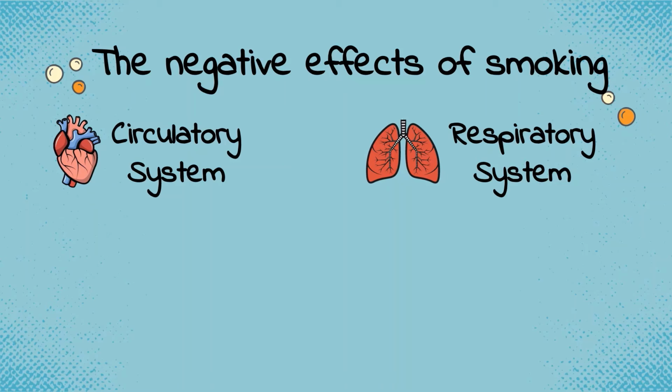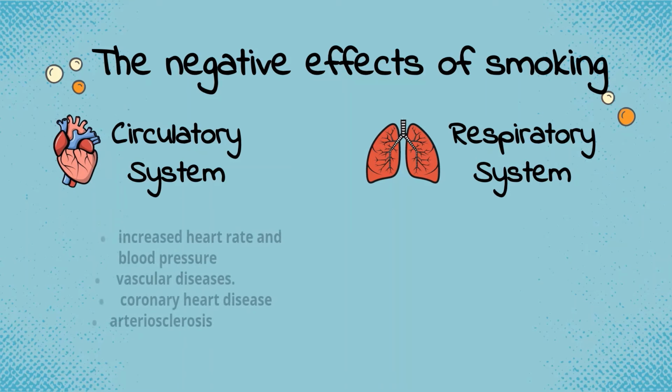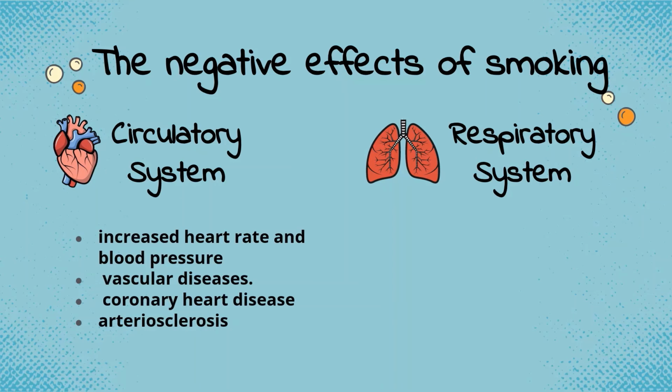Now let's familiarize ourselves with the negative effects or diseases of the circulatory and respiratory systems that are caused by smoking. Here are some of the diseases of the circulatory system caused by smoking. First is increased heart rate and blood pressure. Next is vascular disease.